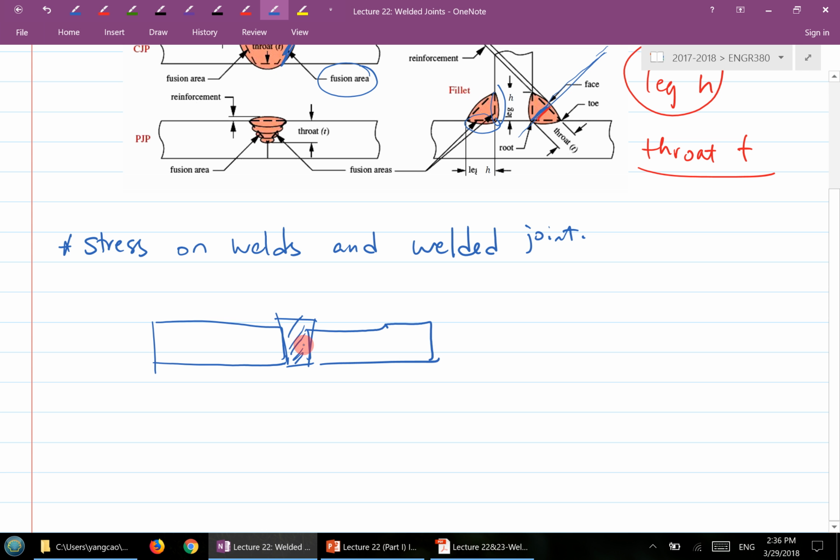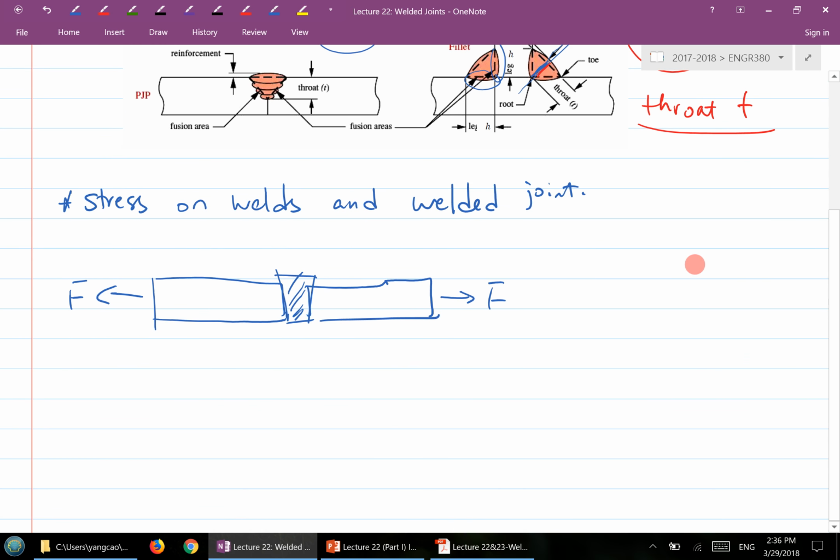Then if you have a force acting on both sides of this welded joint, how do I calculate the stress, or what type of stress exists? This one is fairly straightforward. Basically, you look at the cross-section area at the throat location.